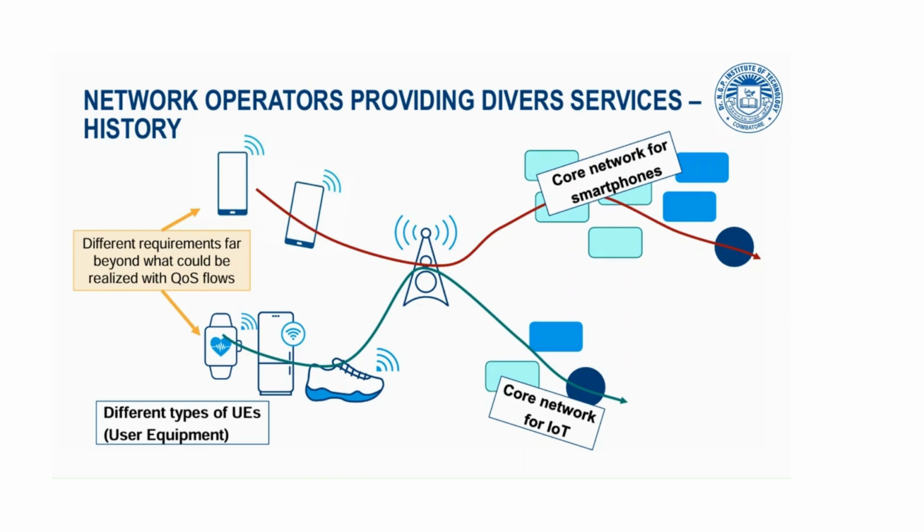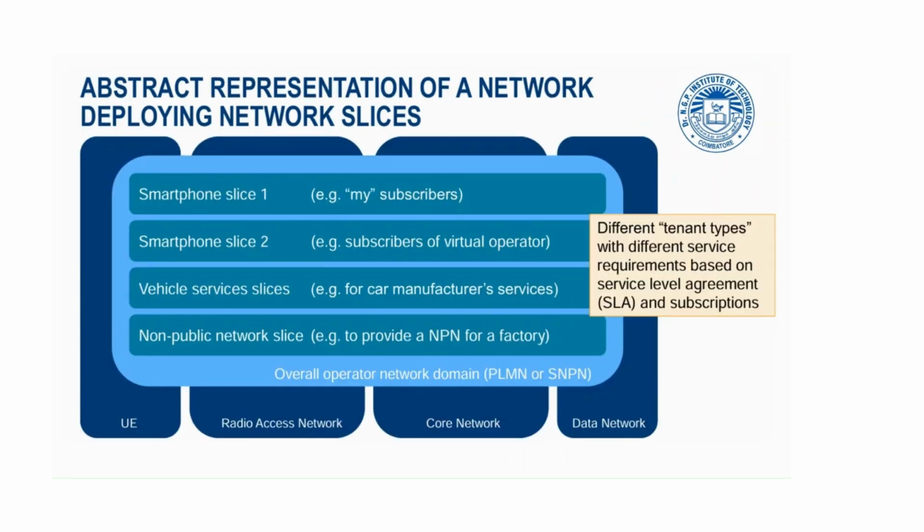This sets the stage for innovations like network slicing in modern 5G. So here, in modern telecommunication networks, specifically, a single operator network can concurrently serve different types of customers and services through different dedicated virtualized slices.